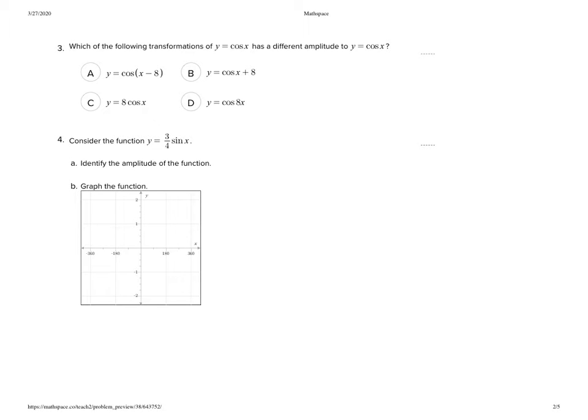The only number that will make a change for the amplitude is, let's review the formula, a cosine bx plus c plus d. The letter A represents the amplitude, which is the number in front of cosine. The only equation I see with a number given in front of a cosine is C. So your answer here should be C.